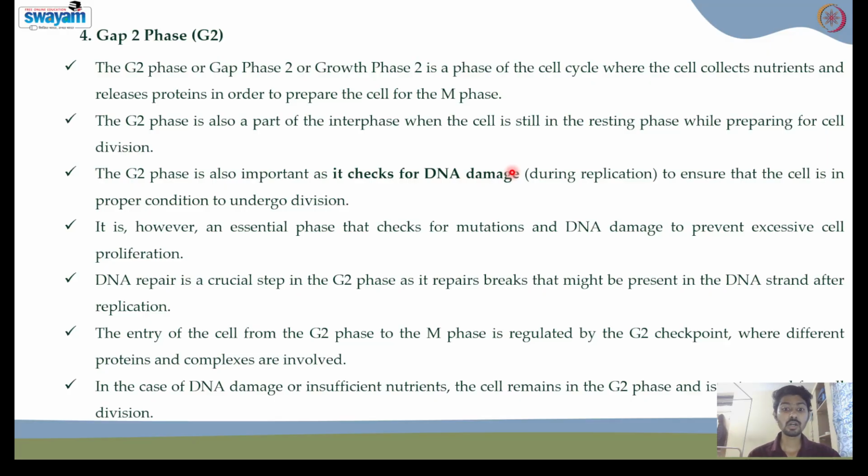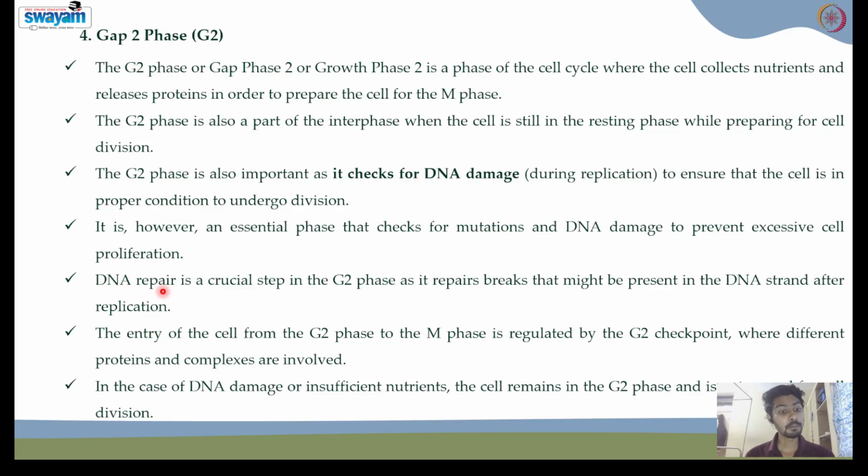And if the cells are not in proper condition, obviously mutation will occur and it collapses the cell cycle. So this is an essential phase that checks for mutation or any DNA damage to prevent excessive cell proliferation. What happens if there is excessive cell proliferation? It will convert into a cancerous cell. So in order to stop and regulate them, this is one of the important phases.